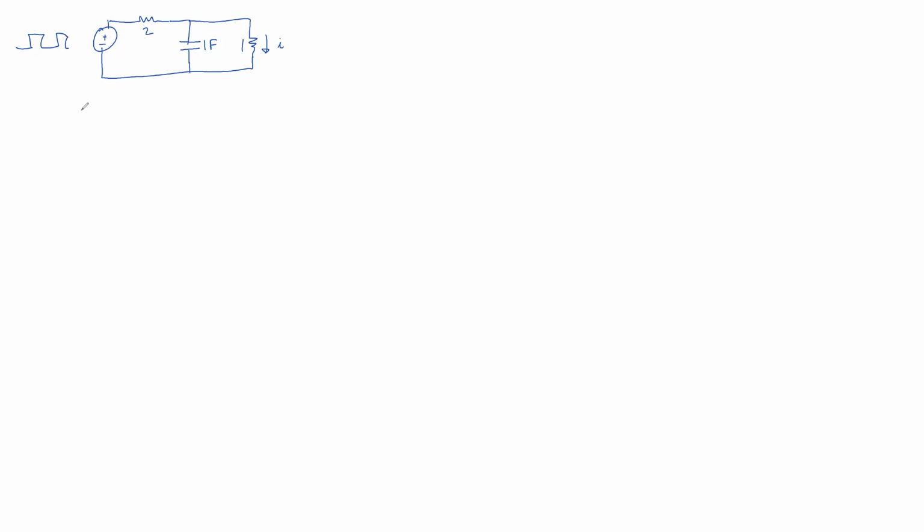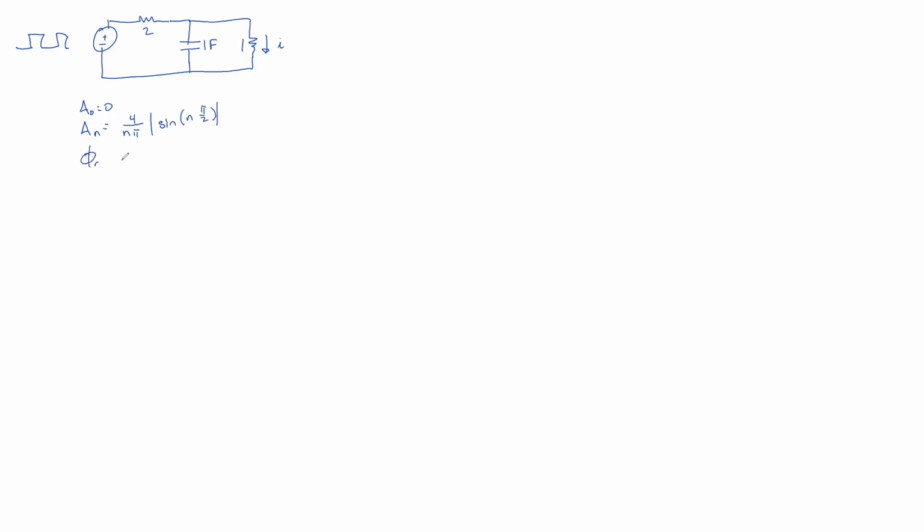And we said that our A sub naught is 0 and our A sub n's are equal to 4 over n pi times the magnitude of sine of n pi over 2.